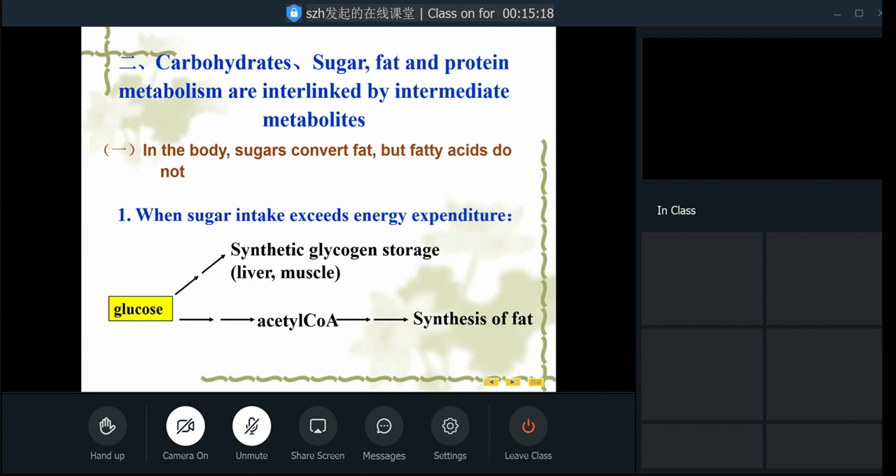When sugar intake exceeded the energy expenditure, sometimes you can see glucose can be used to produce the fat. Maybe another pathway, you can see synthesize glycogen storage in the liver and the muscle.